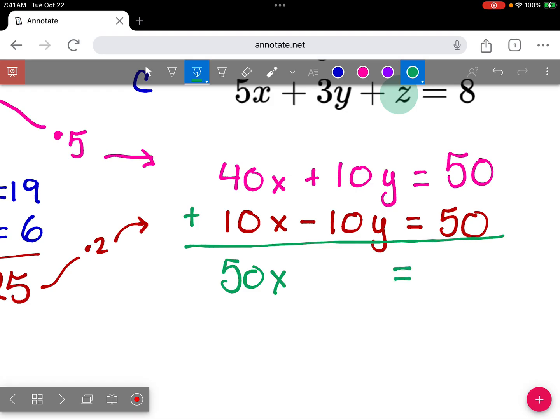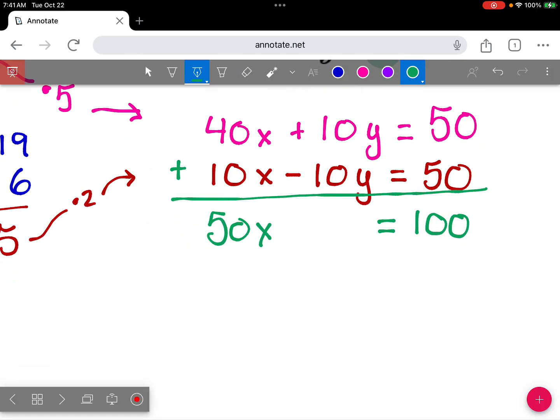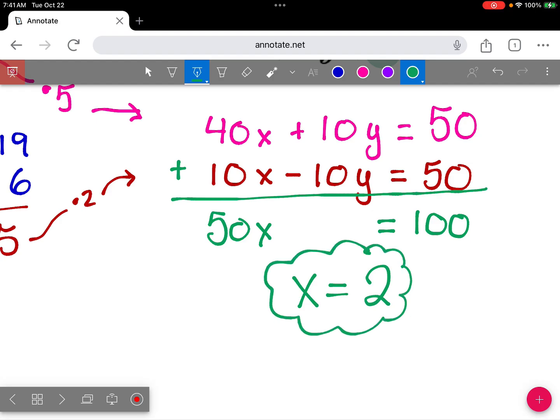And we have 50 plus 50, which is 100. So I have 50x equals 100. So what does our x equal? X equals 2. So we have one piece of our solution right here. Now we get to go find all the others.